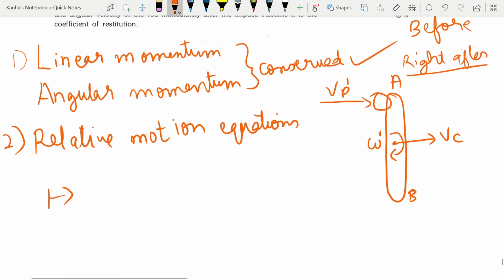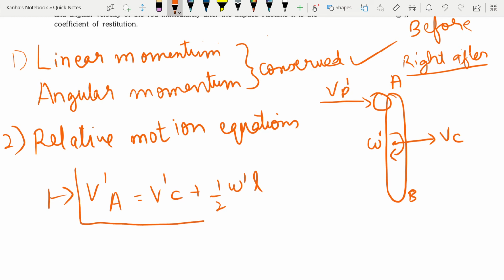If I want to calculate the velocity, v prime at A is equal to v prime at C plus half omega prime l. What is this? This is the velocity of the end of the rod A. So I found this out in terms of the velocity Vc.